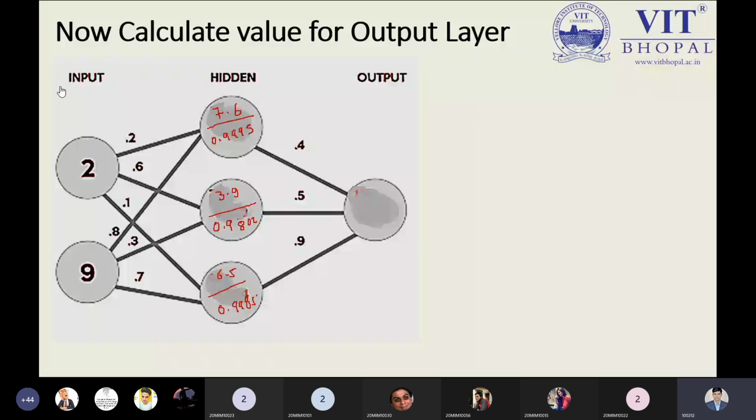Just like the previous calculation you have done, calculate and tell me the value.